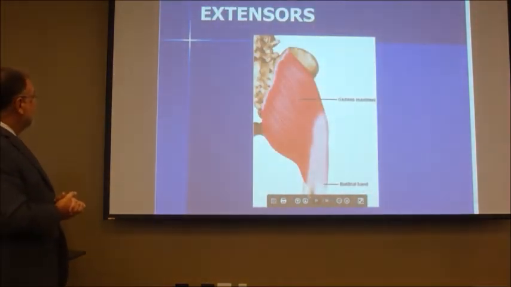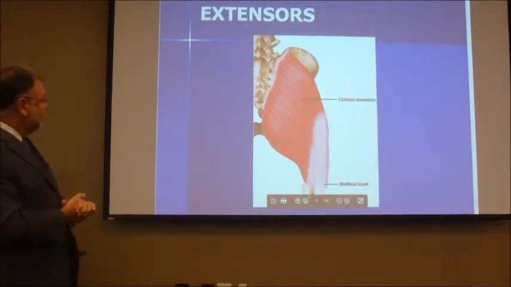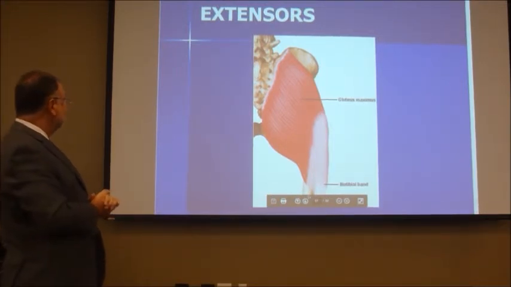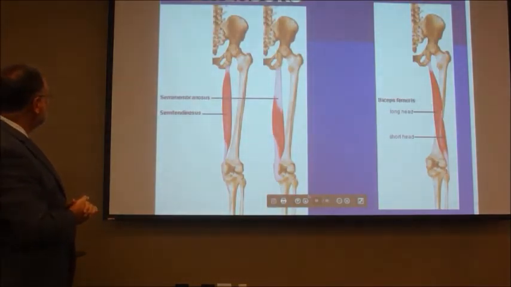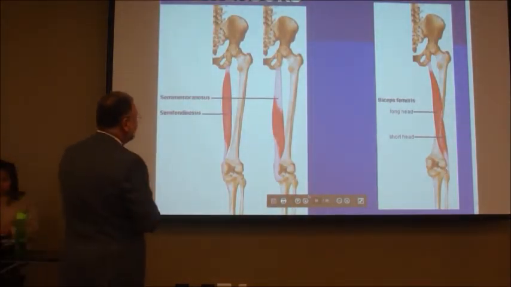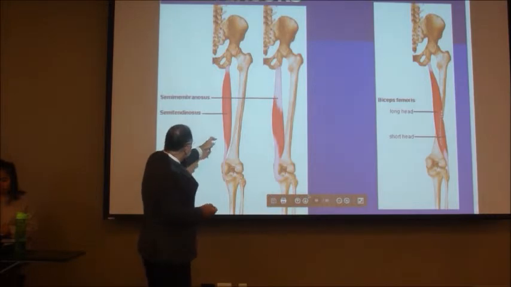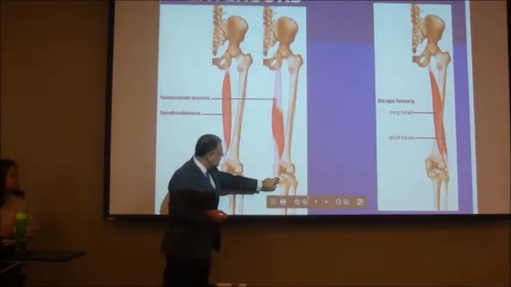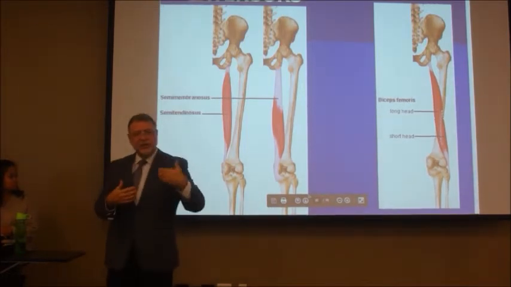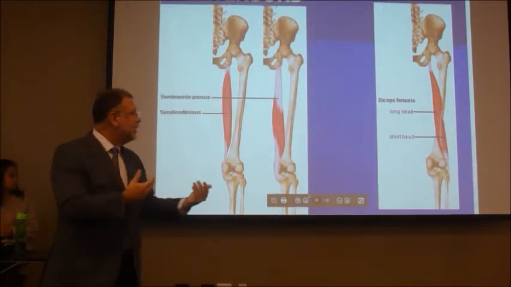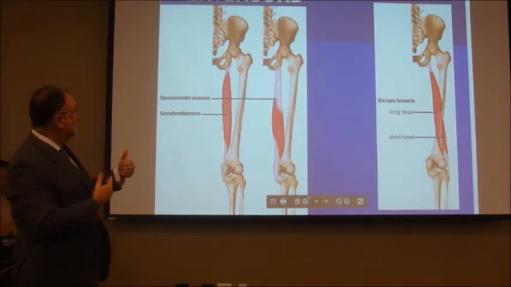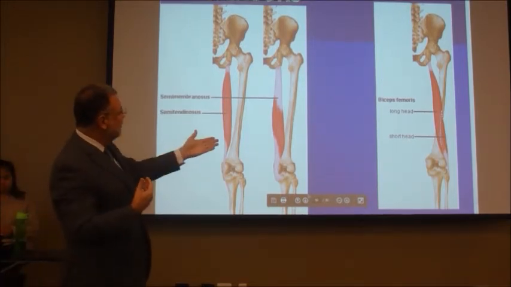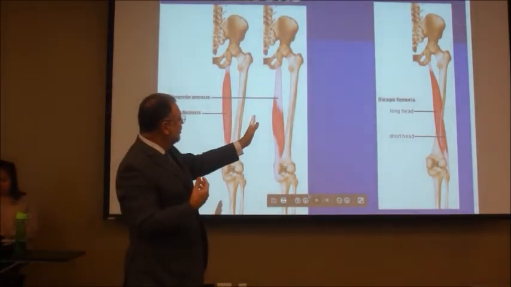And the thigh extensor is basically the gluteus maximus, with some action of the iliotibial band. Also part of the hamstrings is the semitendinosus, which ends in the pes anserina, the semimembranosus, which attaches in the posterior aspect of the medial tibial plateau, and the biceps femoris.